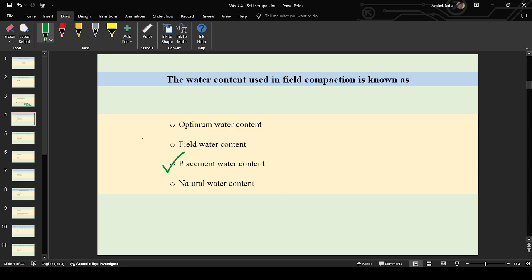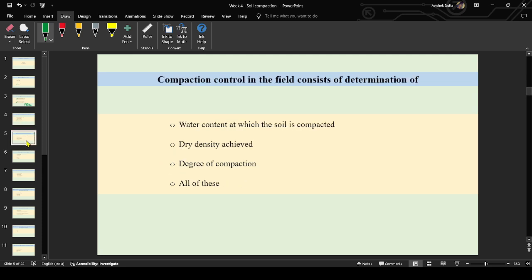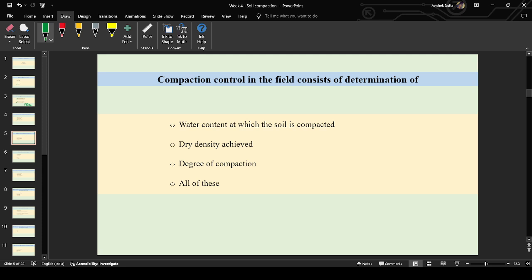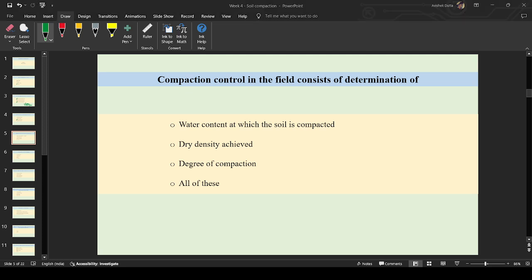Okay, next question was compaction. Compaction control in the field consists of determination of what? What is the answer? Any answer?